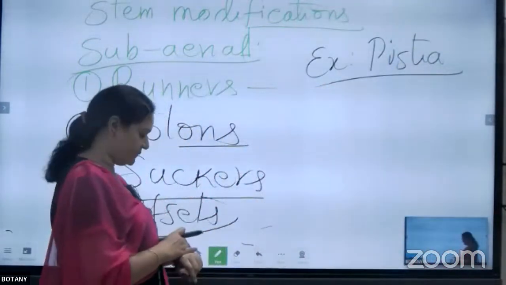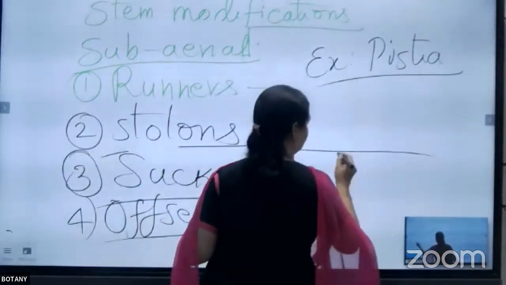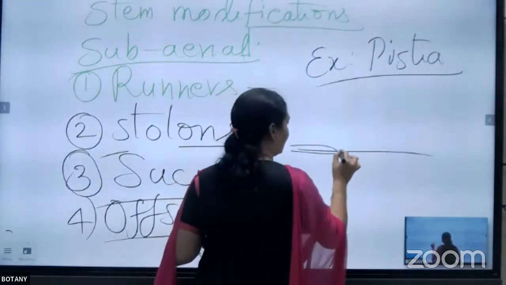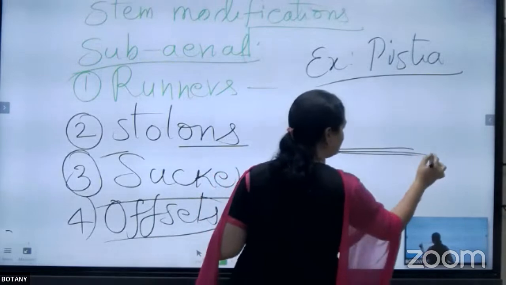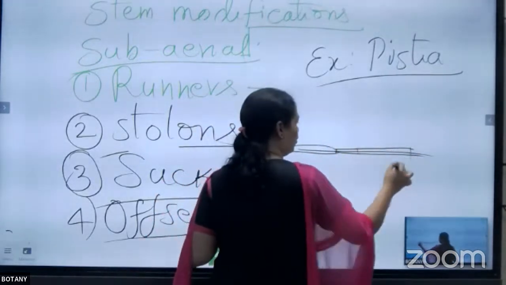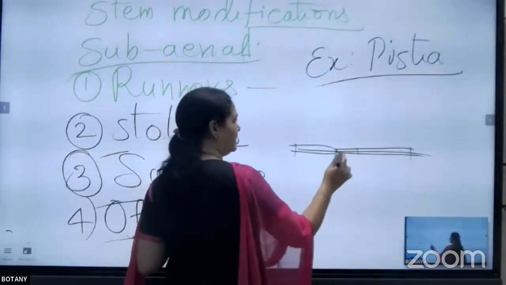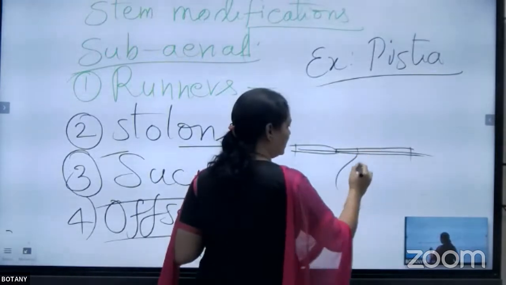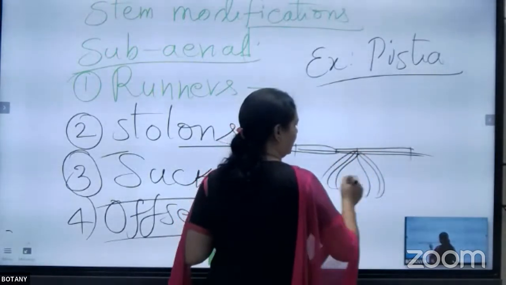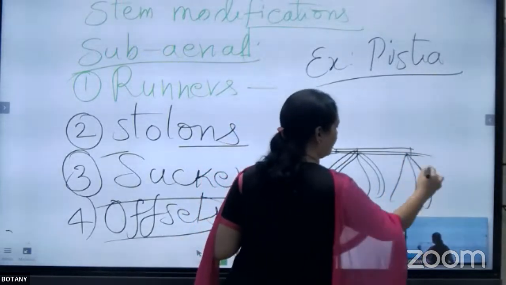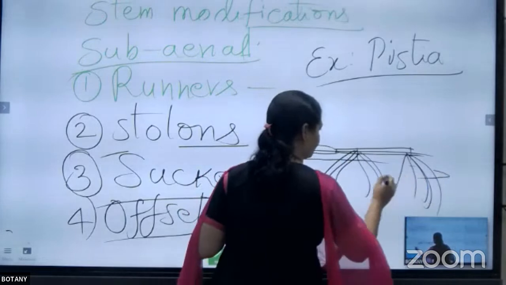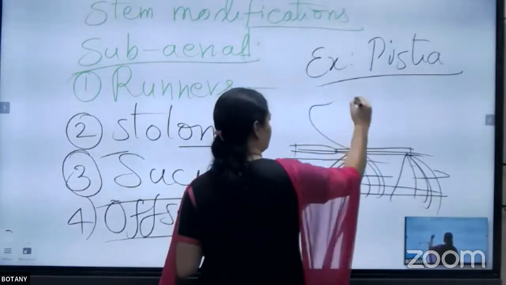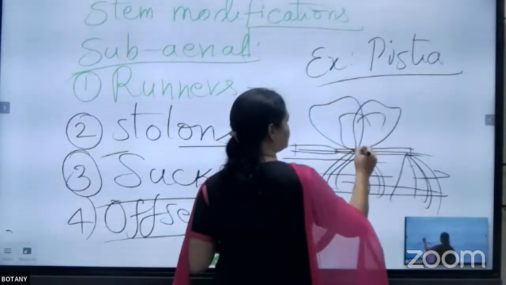And in this, what happens? 1/4 part of the stem is under the water, and 3/4 of the stem is above the water surface, having the nodes and internodes on it, and the nodes are somewhat far away from one another, and from each node a bunch of adventitious roots will arise, and opposite to this, leaves can be seen.